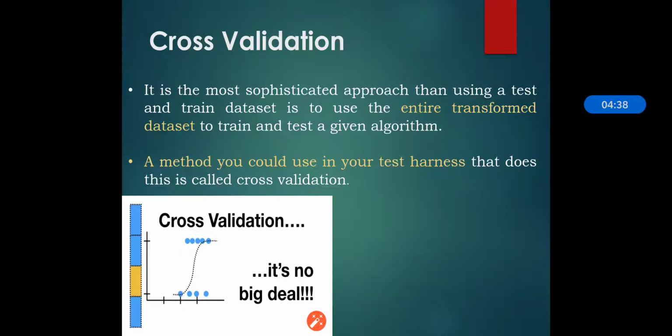The next one is cross validation. Cross validation is also important when you are talking about the design procedure. A more sophisticated approach than using a test and train dataset is to use the entire transformed dataset to train and test a given algorithm. The method you could use in your test harness that does this is called cross validation. What we are doing is separating the dataset into a number of equal size groups.